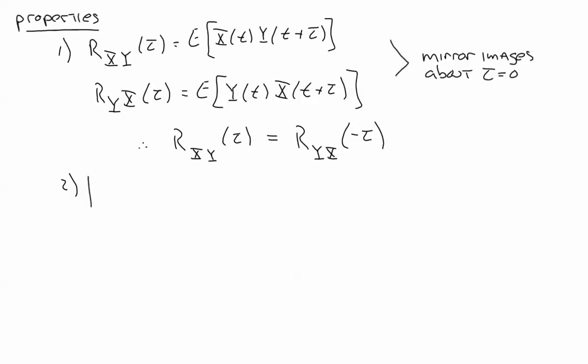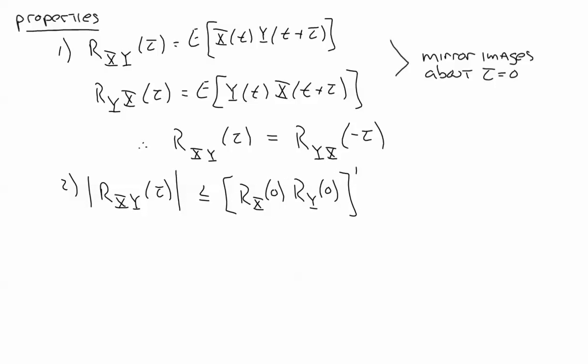Second property, I'm not going to prove this, I'll just state it. The absolute value of my cross correlation is always less than the square root of the product of the autocorrelations, or normalized powers, autocorrelation evaluated at 0, which is my normalized power. Okay?